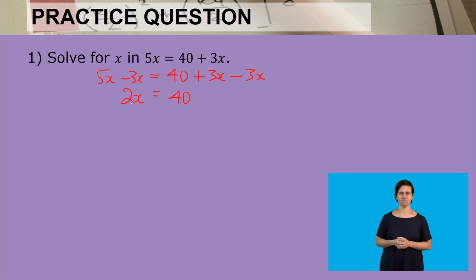Then the multiplicative inverse of 2 is a half, so we divide by 2 on the left and divide by 2 on the right. 2 divided by 2 is 1, and 1 multiplied by x is x. 40 divided by 2 is 20. So our value of x is 20.